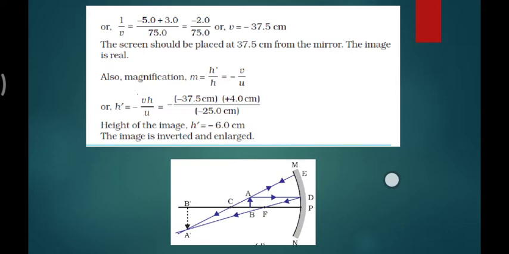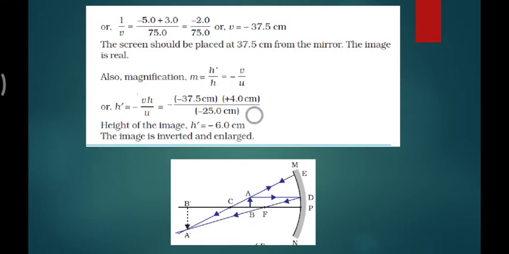magnification criteria, that m is equal to h prime by h, we know. If we don't have the height data, you can go with the distance data, minus v by u. Yes, v we know, u we know, you can put the respective data here. Minus 37, minus minus is going to be plus.